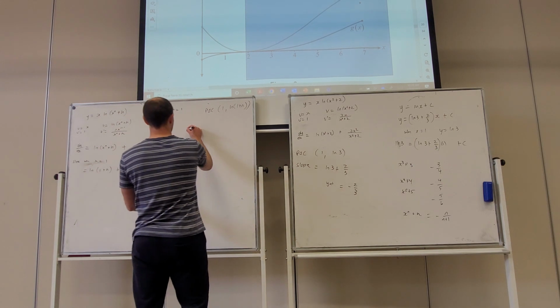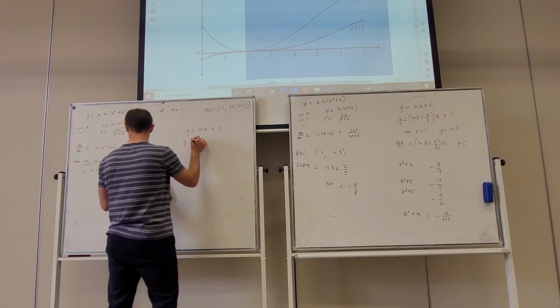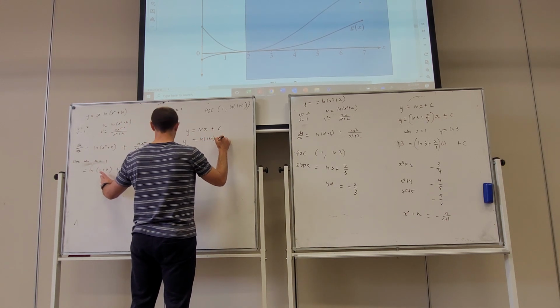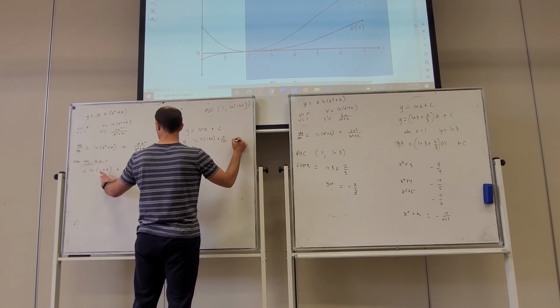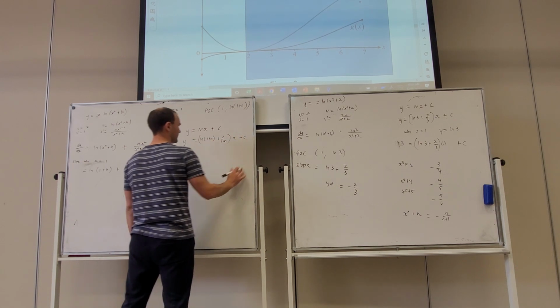So the equation of a tangent has form y equals mx plus c. We've got the slope is this one here, ln of 1 plus n on top of 1 plus n, multiplied by x plus c.